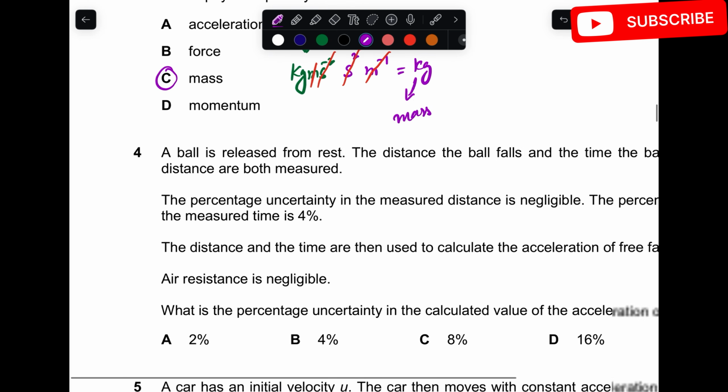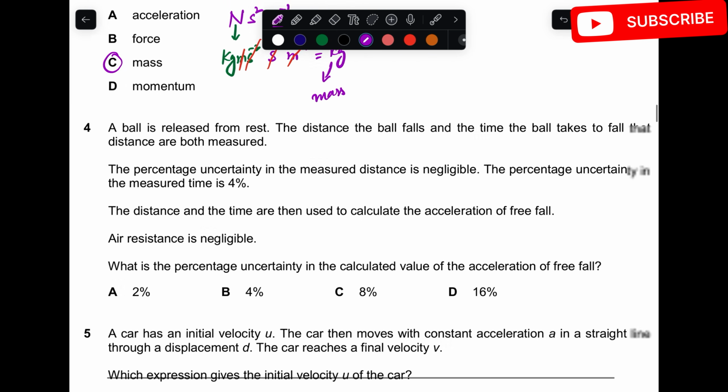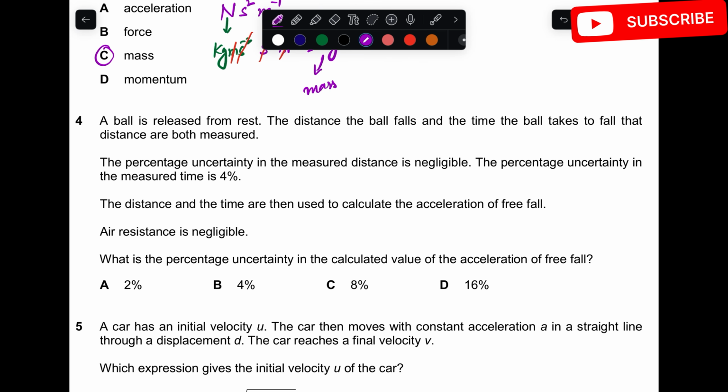In question 4, a ball is released from the rest, and okay, so let's highlight the important point: released from the rest. The distance the ball falls and the time the ball takes to fall are both measured. The percentage uncertainty in distance is negligible.